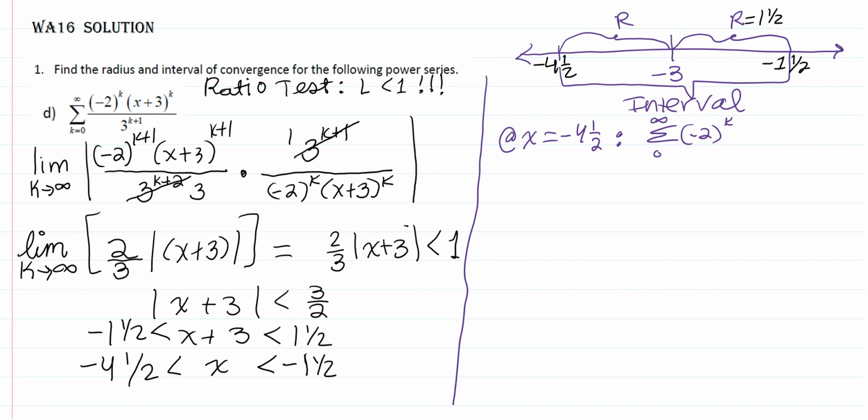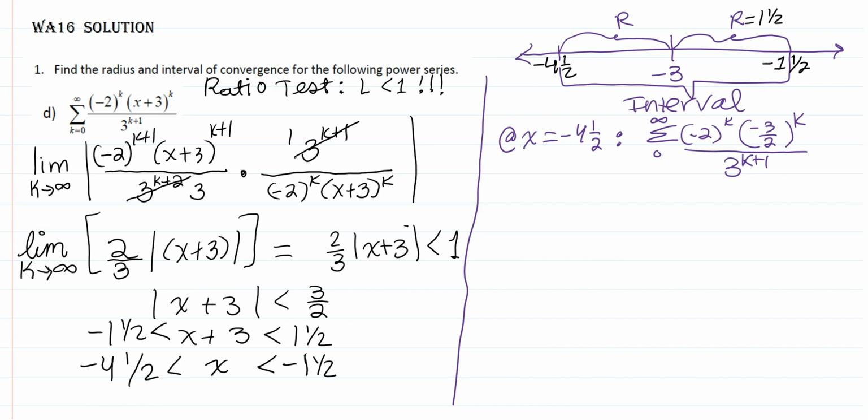And then -4.5 plus 3 is going to be -1.5, which is -3/2 to the k power, all divided by 3 to the k plus 1 power.